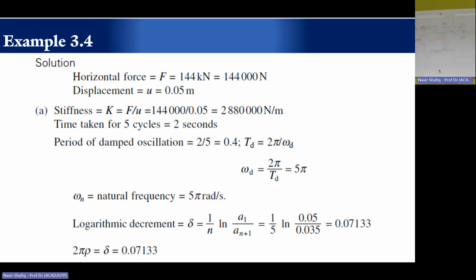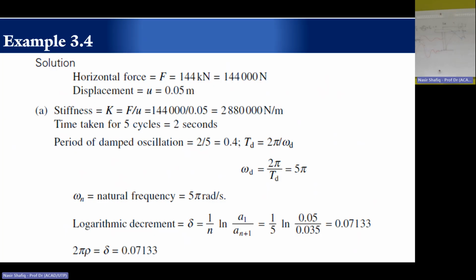Because it is elastic, the stiffness is easy: force is equal to stiffness times displacement U. To move the tank 50 millimeter or 0.05 meter we incurred 144 kilonewton, so the horizontal stiffness, force per deformation, is 2,880,000 newton per meter.